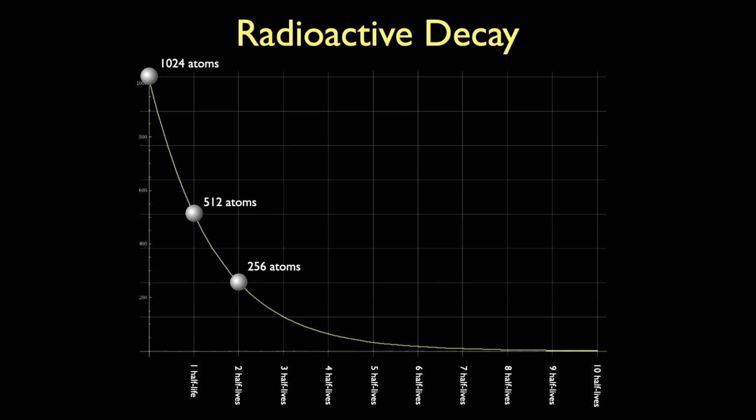Another half-life, half as many again, or 128 atoms, and so on. After 10 half-lives, you'll have about 1/1000th of your original amount. By the way, notice there's one remaining atom after 10 half-lives. If you waited one more half-life, your remaining atom would have a 50-50 chance of decaying in that time.